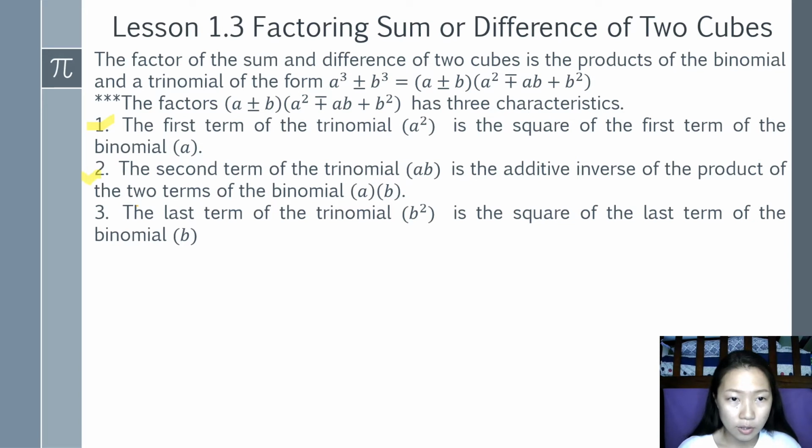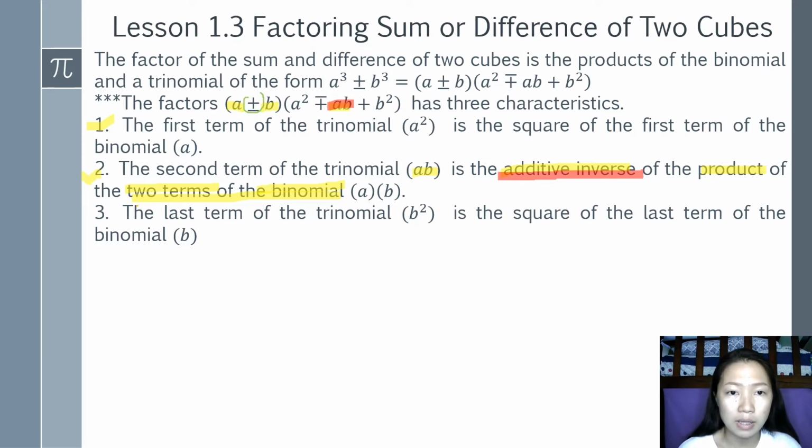Next, the second term of the trinomial, and the second term is ab, is the additive inverse of the product of the two terms of the binomial. When we say product, ang ibang term ay multiplication. Okay? Imumultiply daw natin yung dalawang term na nasa binomial. So, ano ang dalawang term na yun? A and b. When we multiply these two, magiging ab. Okay? Ano po yung additive inverse?